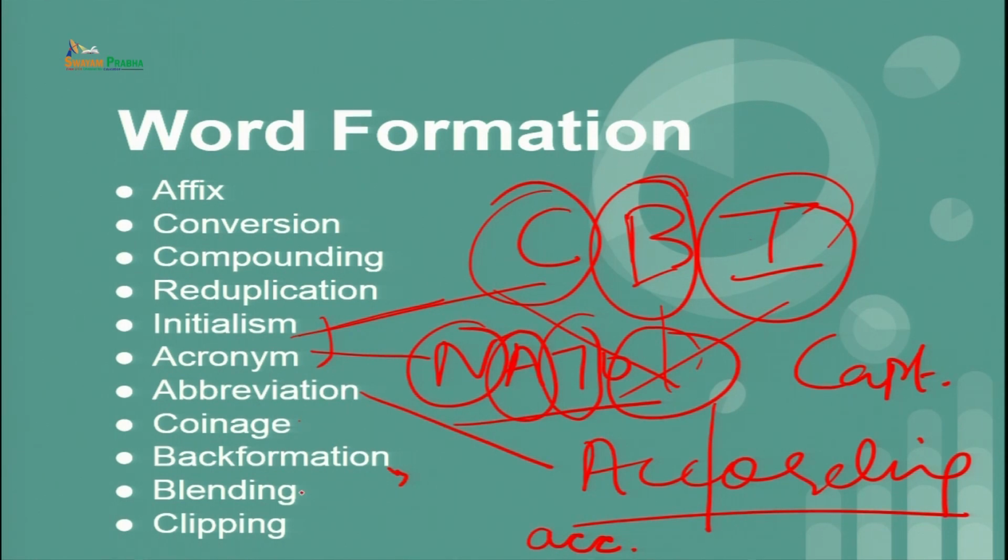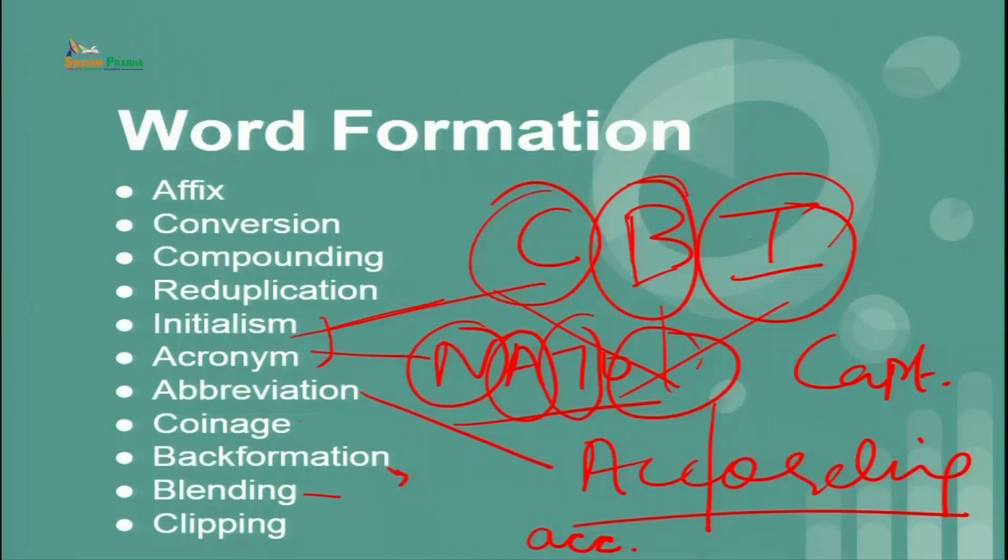And another process of word formation is blending, which is an interesting one, and it refers to the combination of two words, and when those two words are combined, they are no more in their own original form, they come up with a new coinage. In blending, it is accomplished by combining the initial part of one word and the last part of another word.